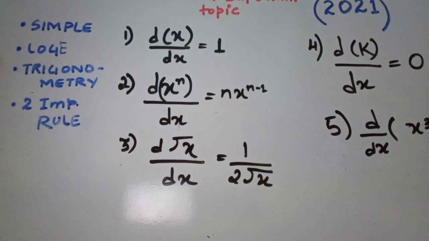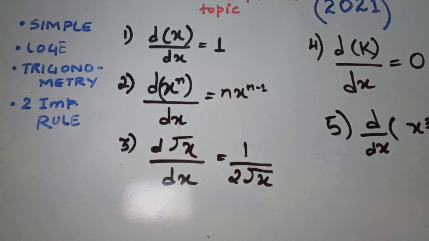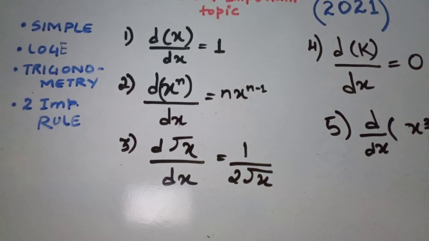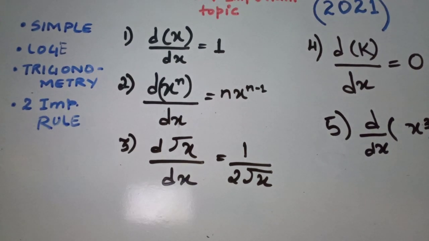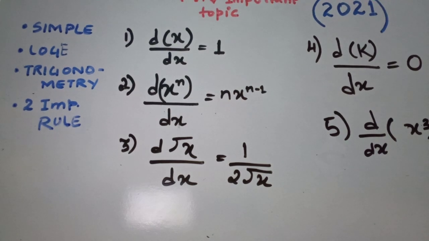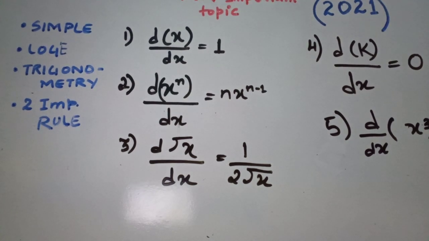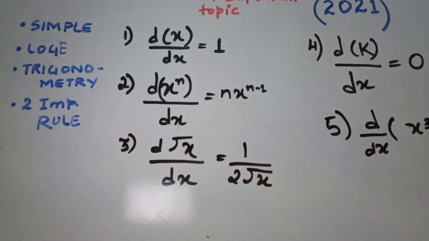Third is trigonometry, that we are learning from junior classes, sine, cos, tan. The formulas will be based on that. And fourth is two important rules. One is the product rule, another is the quotient rule. Okay, so let's get started.